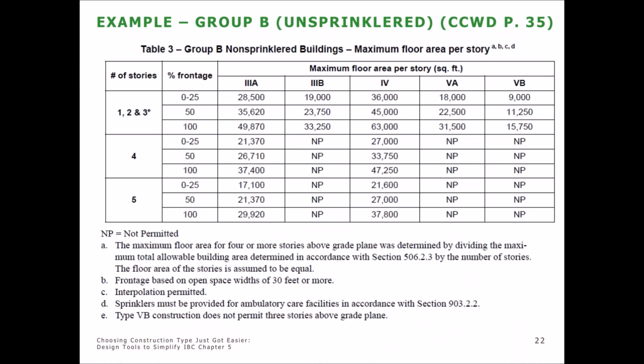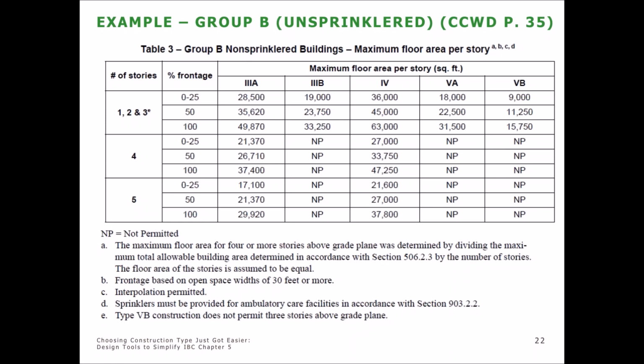Sure, Michelle. First of all, keep in mind that these tables are organized by sprinklered and non-sprinklered. It's easy to get in the wrong table. As you look across the table, you'll see, for instance, 5B is listed for 1, 2, and 3 stories. Check the footnote there for E down at the bottom: type 5B construction does not permit 3 stories. Pay attention to the footnotes. In order to make these tables simple, we had to put some things down there.